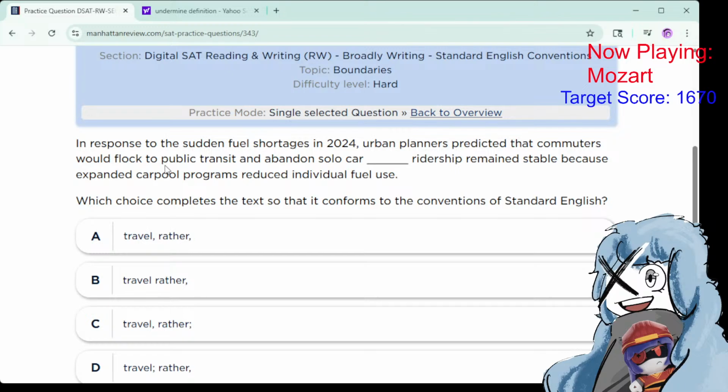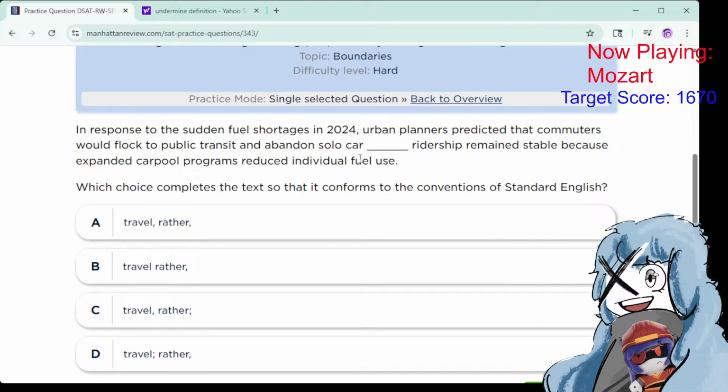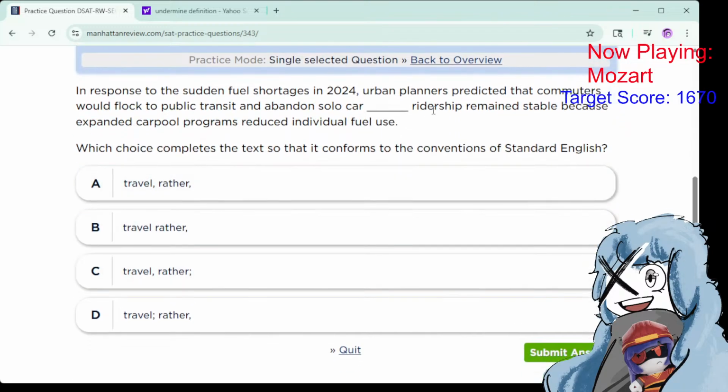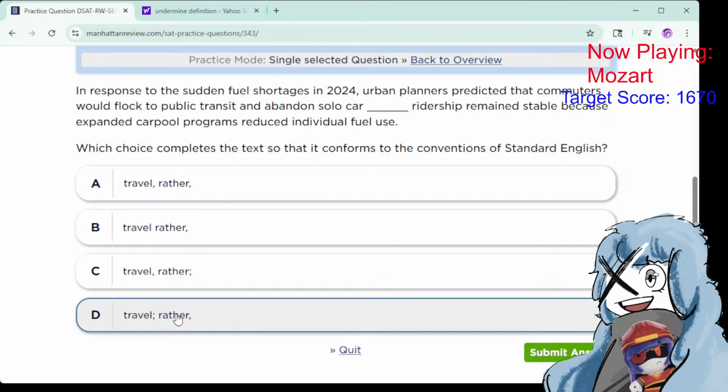In response to the sudden fuel shortage in 2024, urban planners predicted that commuters would flock back to the power. I don't know about this one.